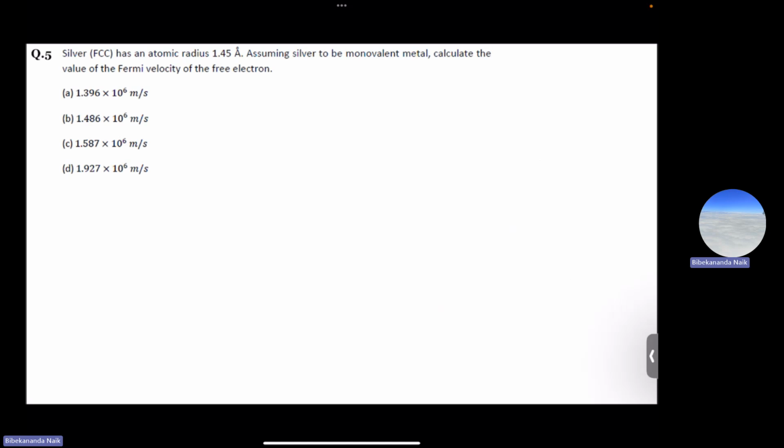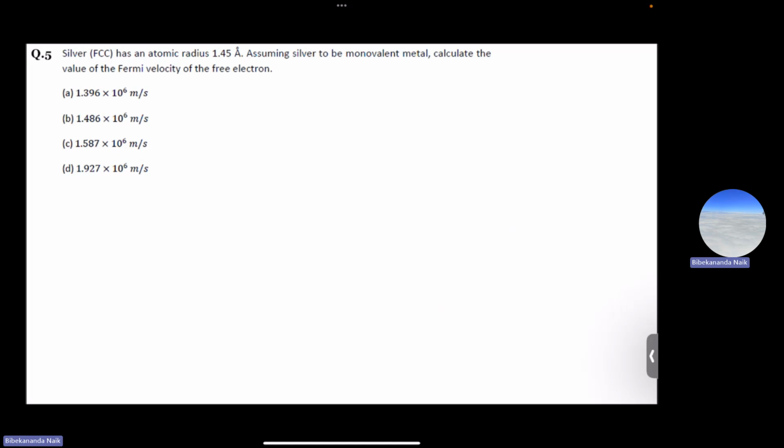Then we will move to the next question. The question says silver, which has an FCC structure, you all know, we have discussed also. Mostly metals have FCC structure because in silver, FCC is one of the closely packed structures with relatively high packing fraction in comparison to body centered cubic and simple cubic.